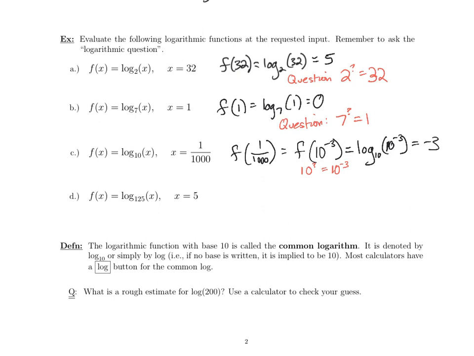And next up, we've got f of 5 is log base 125 of 5. And that asks the question, 125 to this power is equal to 5. And the mistake I often see for this one is that people will give me 3 because they see 5 to the third power is 125.